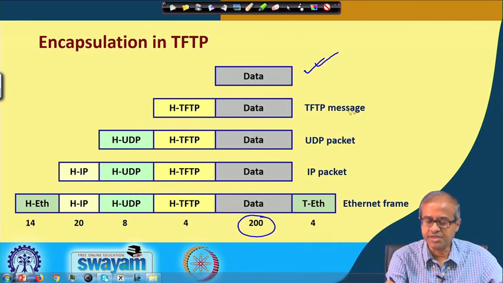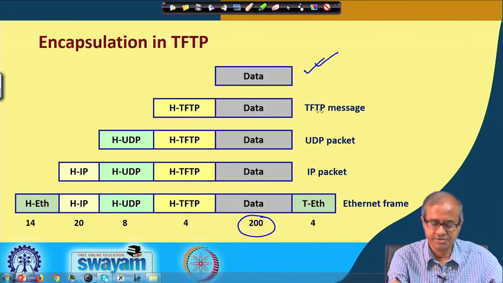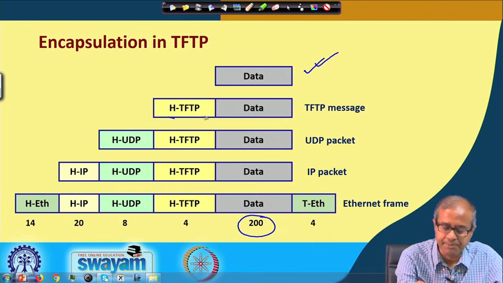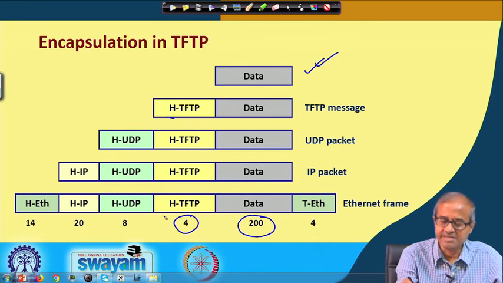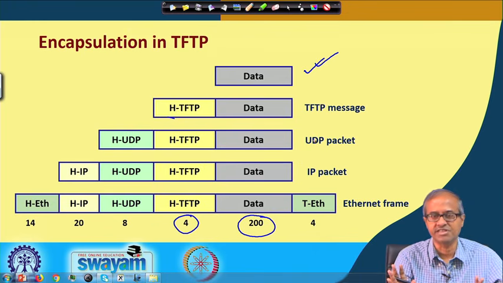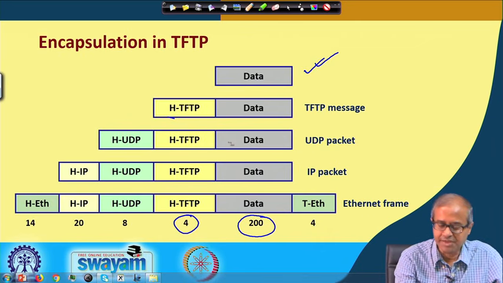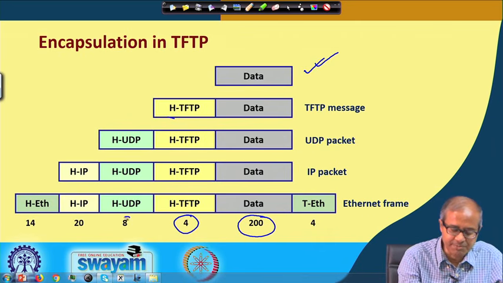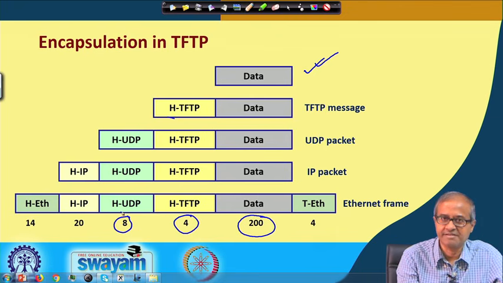When it goes to the TFTP application, the TFTP application appends a header. This is a header of TFTP which is 4 bytes. This is the data which the TFTP application generates. It sends it down to the transport layer, to UDP. TFTP uses UDP, it does not use TCP. That is why it comes to the UDP layer. Now, the UDP header is 8 bytes, this we shall see later.